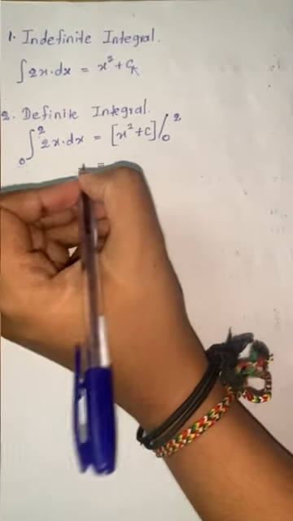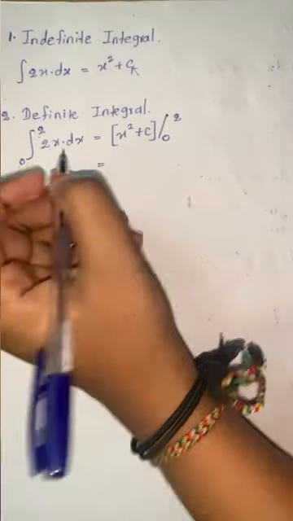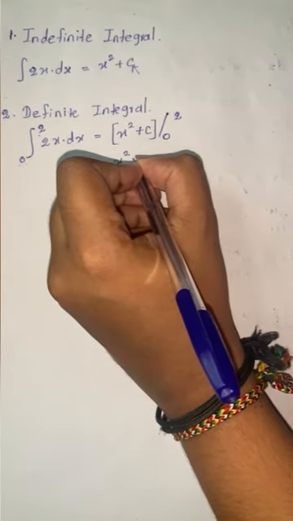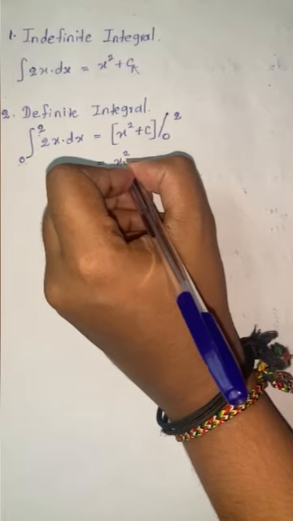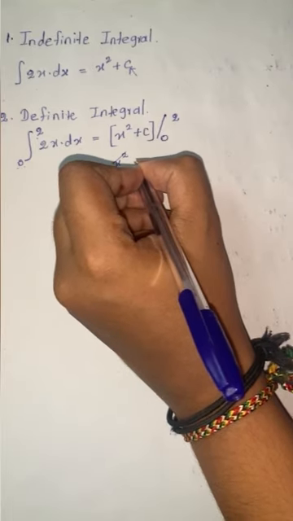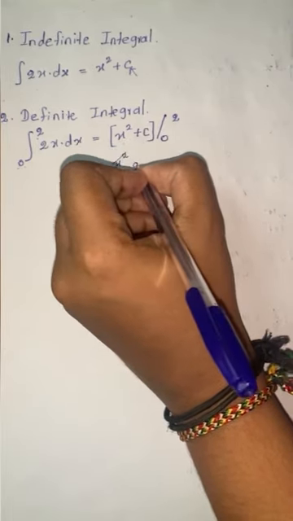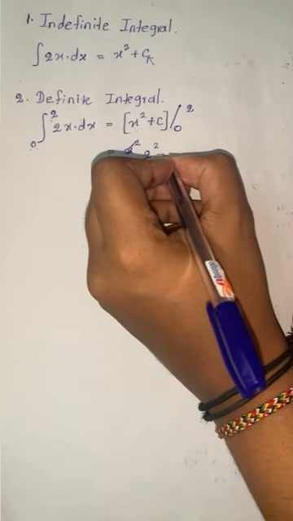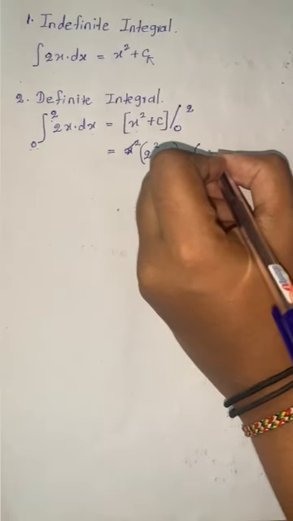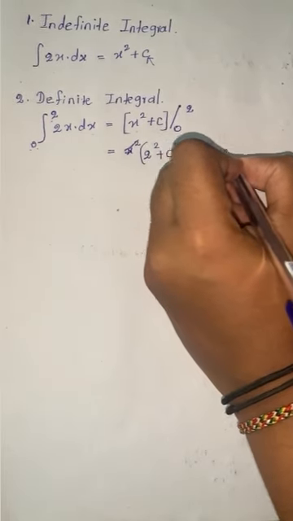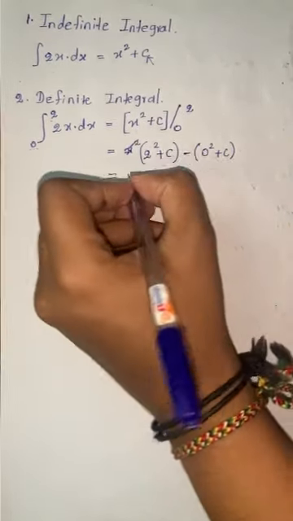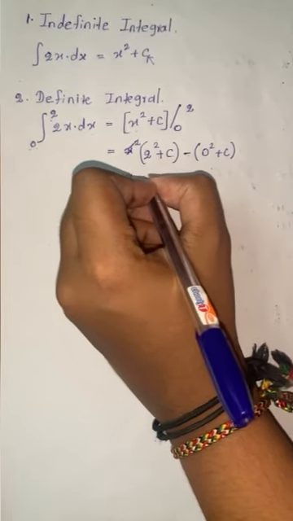If we simply substitute those points, x to the power 2, we write the numbers: 2 to the power 2 plus c, minus 0 to the power 2 plus c. In the calculation c will be cancelled out, so we don't need to know its value.